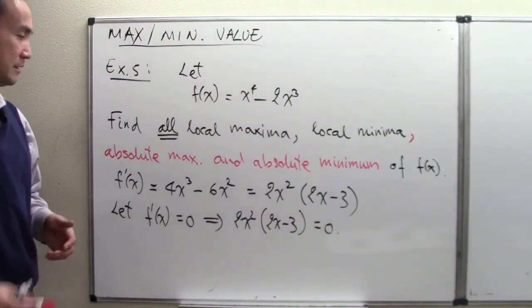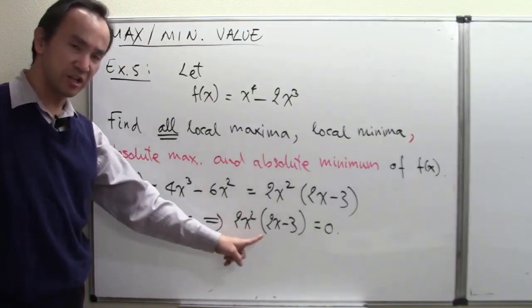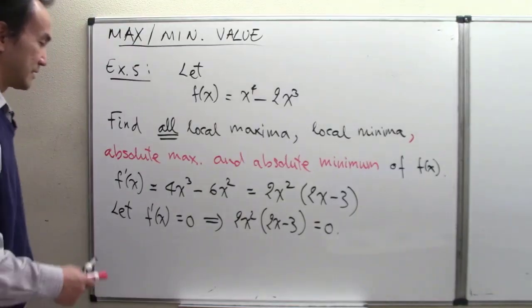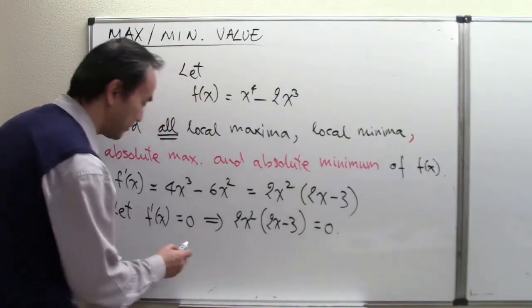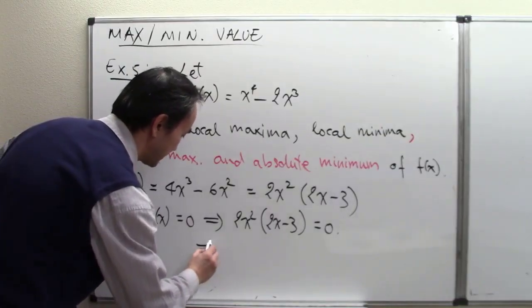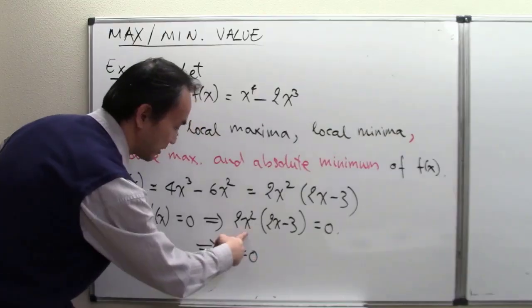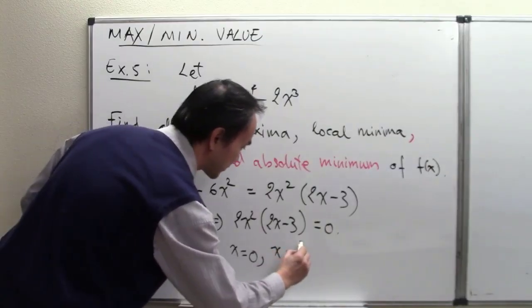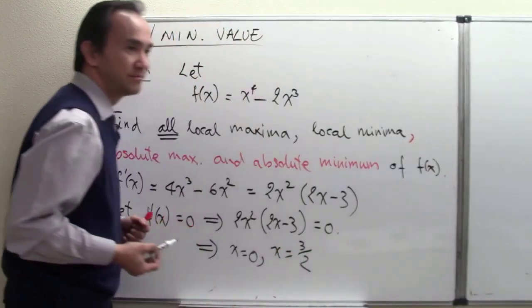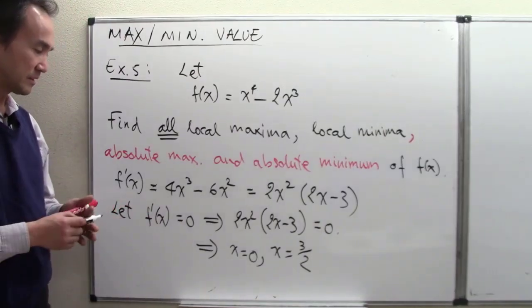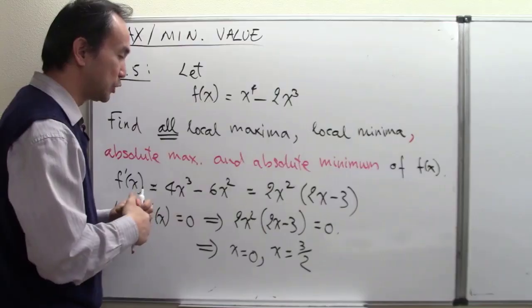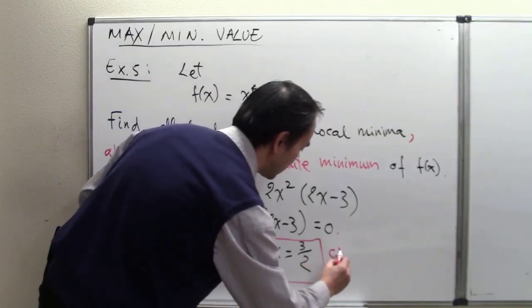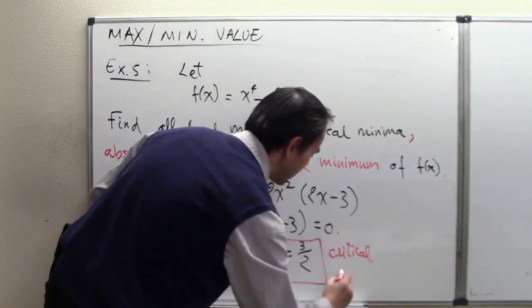Like I said, the factored and unfactored forms are exactly the same, but I purposely used the factored format to make solving easier. From this, we come up immediately with two answers: x equals 0, which came from this factor, and x equals 3/2, which came from this factor. So we've found the two critical values.